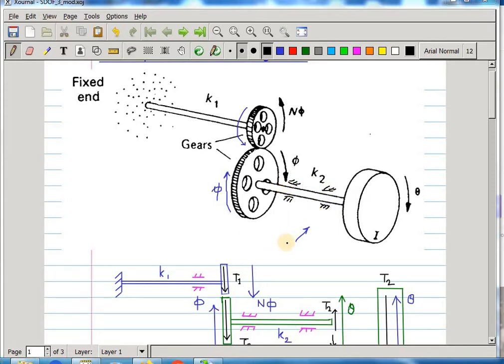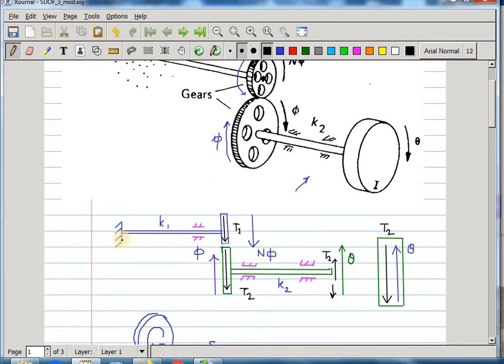If you look from this side and draw a projection drawing, then this is the fixed end, this is the shaft, the smaller gear, the larger gear, and here we assume that the gears have negligible mass moment of inertia compared to the disc. The disc is much heavier and has a much larger moment of inertia compared to those of the gears and of course the shafts.